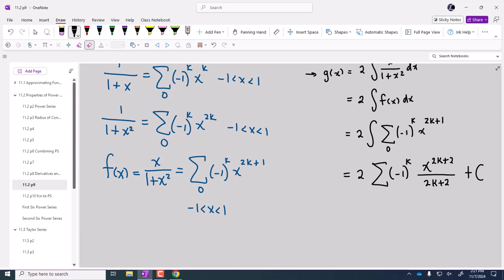When k is 0, you have an x to the 1. What is the integral of x to the 1? x squared over 2. So whatever we start this index at, we want the first power in our antiderivative to be a 2. And what would k start at to get the first power to be a 2?